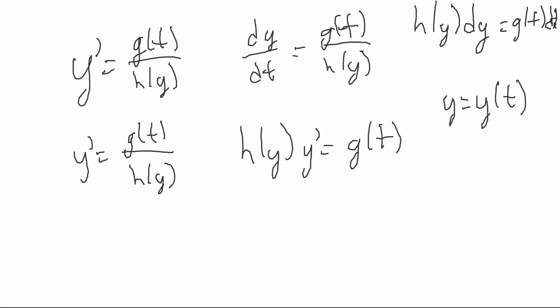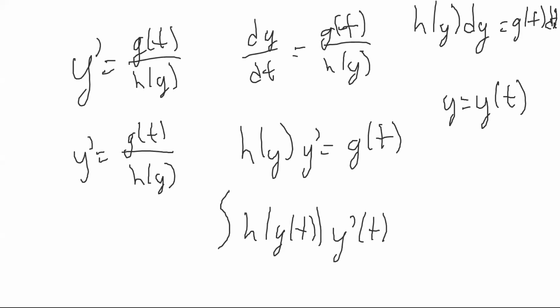So really, if we integrate both sides here, we get the integral of h of y of t times y prime of t dt is equal to the integral of g of t dt. And here we are integrating with respect to t on both sides of the equation. We haven't done anything that is wrong or looks incorrect here.